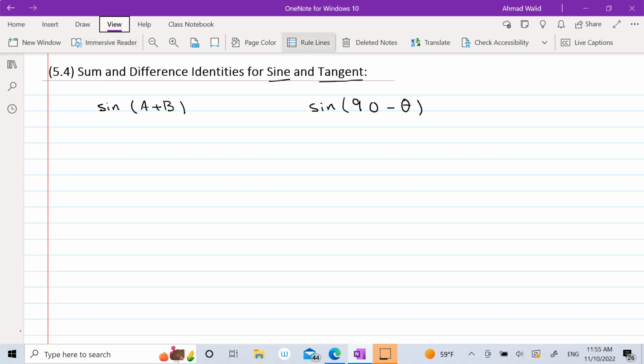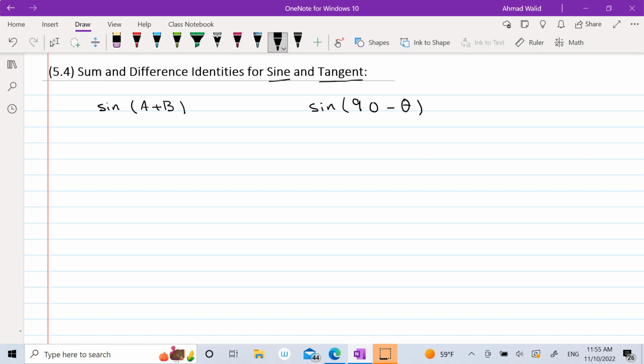Sorry, let me correct this, I forgot to put the equal sign here. I'll use this, and also I'll replace theta with what? A plus b.